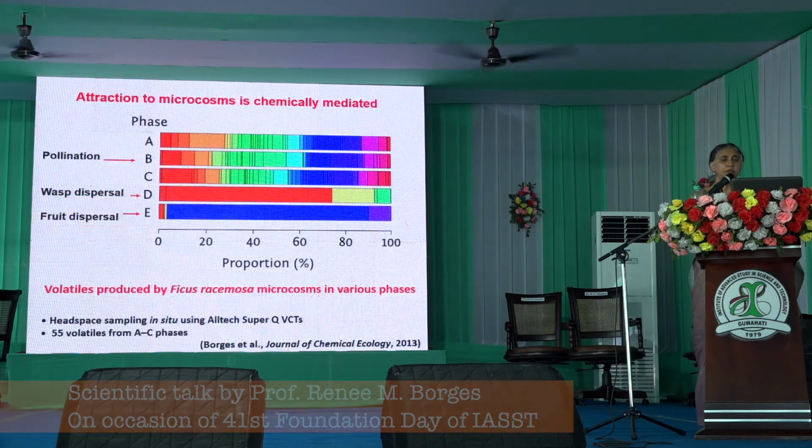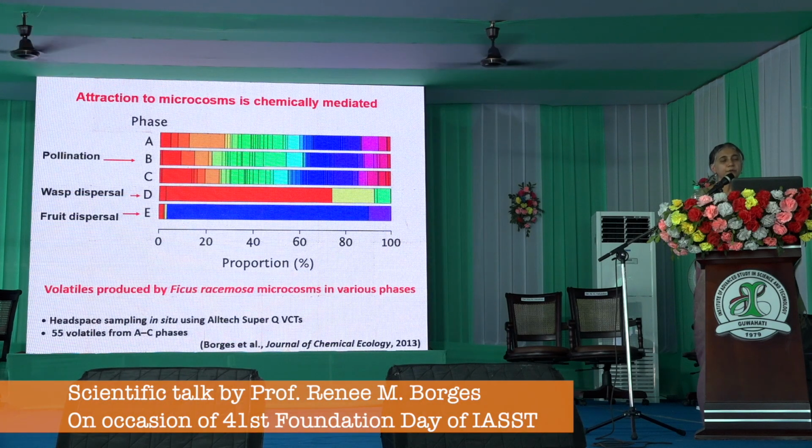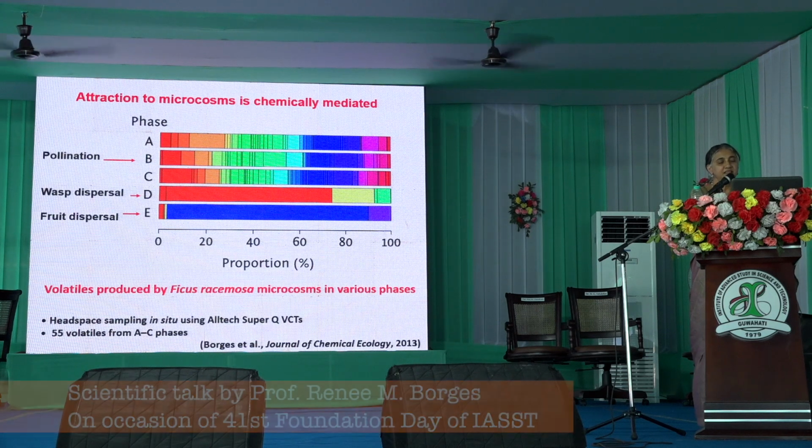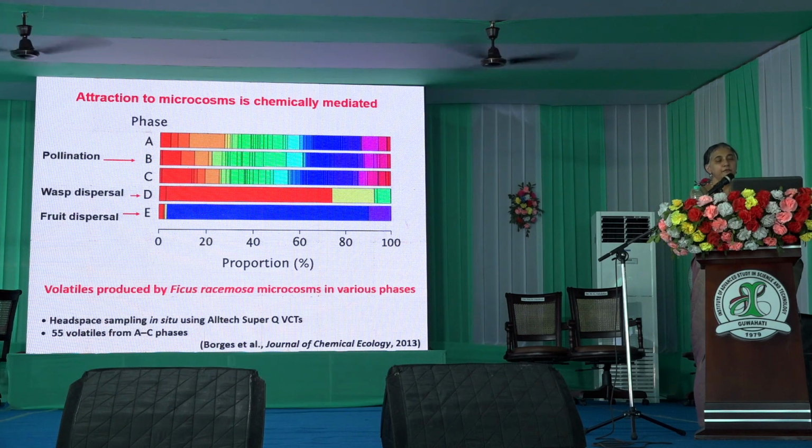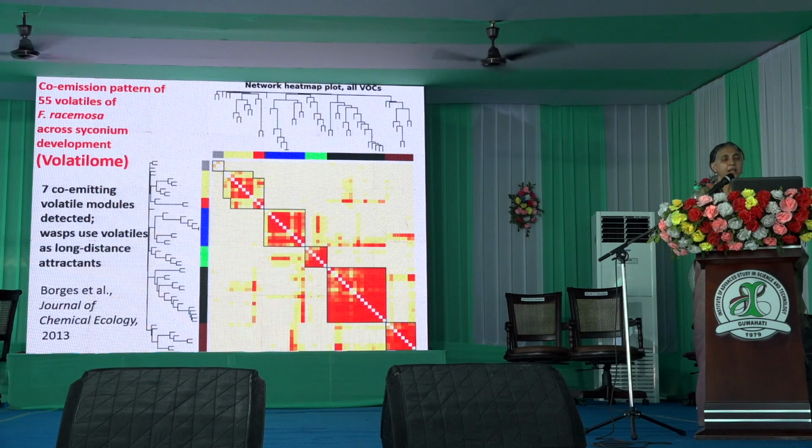Now, I've told you that the attraction to the microcosm is chemically mediated, and using GCMS we've been able to find out all the volatiles that this microcosm releases in order to attract wasps. And we've been able to characterize all of them. I like to think of this as a volatilome.